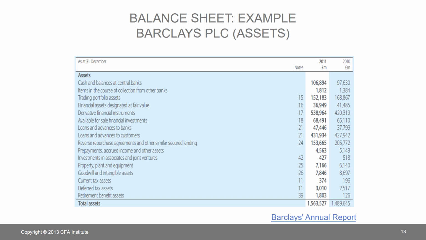So on this slide you see the asset portion of the balance sheet of Barclays PLC, which is a UK headquartered global financial services provider engaged in retail banking, credit cards, wholesale banking, investment banking, and wealth management. And even though Barclays reports under IFRS, you can see from their balance sheet here that they are using a liquidity-based presentation.